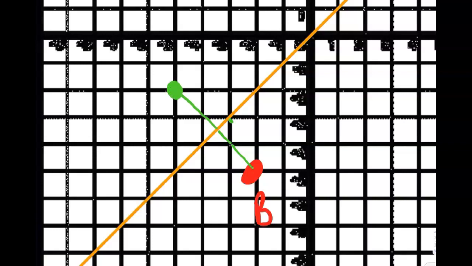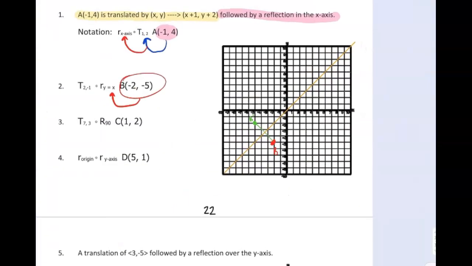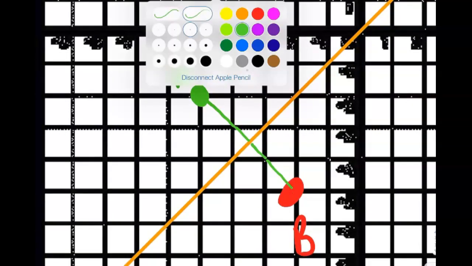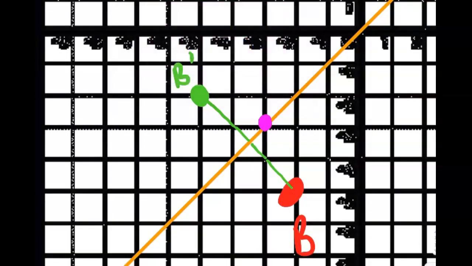And remember, it's the perpendicular bisector. That's why I counted diagonally. So there's b prime. Then I take my green one, my new one, my b prime, and I move it to the right 2 and down 1. I happen to land right on that original line, but that's a coincidence, so that's my final answer. -3, -3.